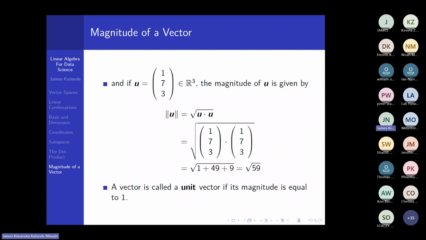So there's some benefit to sometimes working with unit vectors, or vectors of length 1 or magnitude 1 if you wish. Such vectors have a special name, they're called unit vectors. If a vector has length 1 or magnitude 1, then it is called a unit vector.